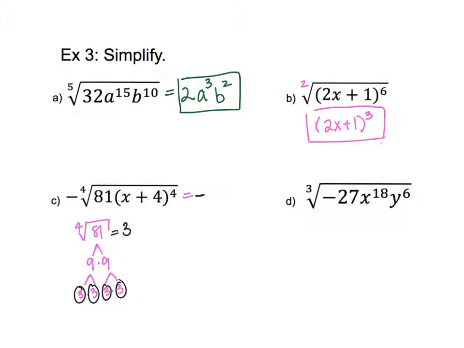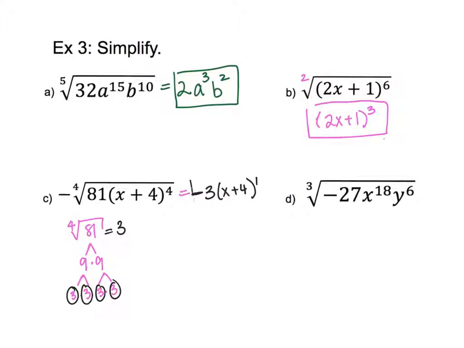So I have -3, and then I have x plus 4. This is to the 4th power. So if I divide this 4 by this 4, I get 1. Or you don't have to write the 1 there if you don't want to. And that is my answer. You could distribute this -3. You do not have to, though. I'm just going to leave it the way it is.